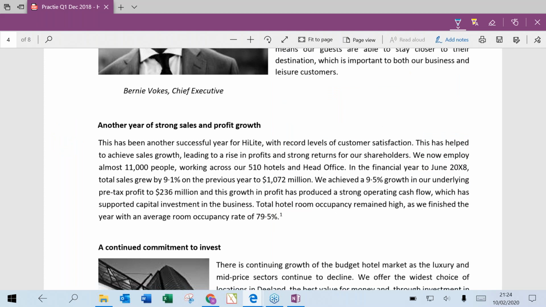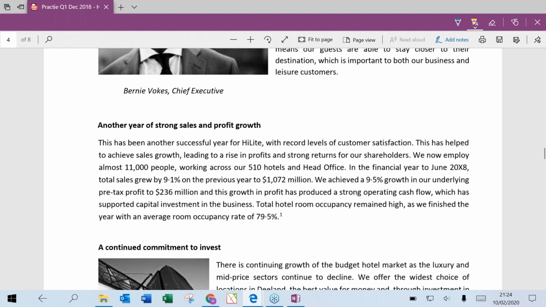Next topic, another year of strong sales and profit. I think it will talk about financials. This has been another successful year with record levels of customer satisfaction. Wow. This has helped to achieve sales growth, leading to a rise in profit and strong returns to our shareholders.